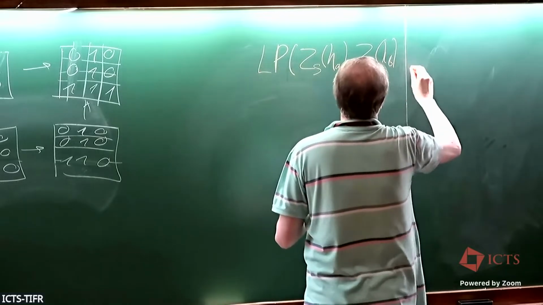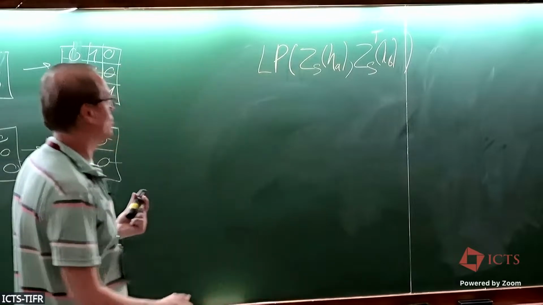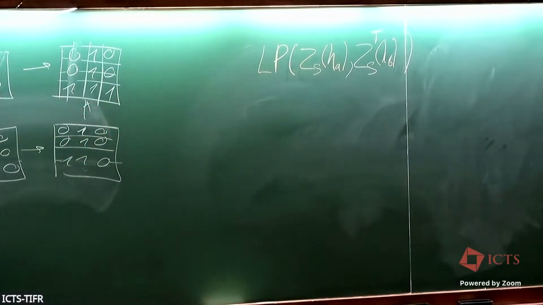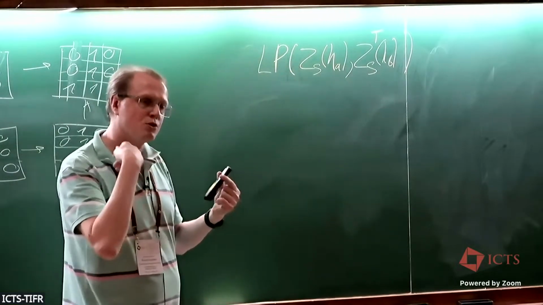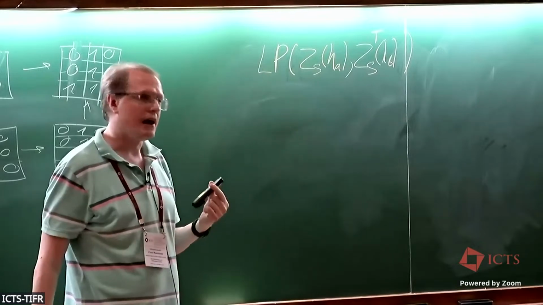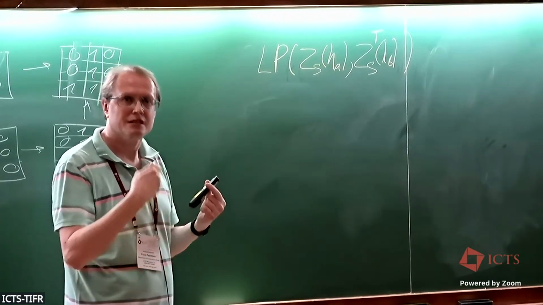And here we have a transpose. This transpose is used to make sure that we have linear dimension in the same way.